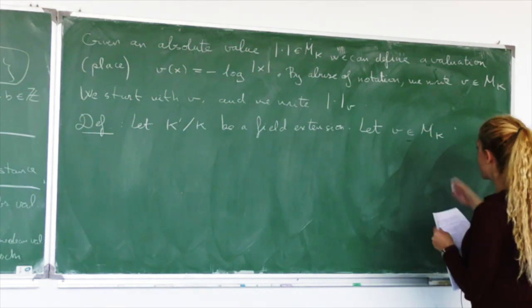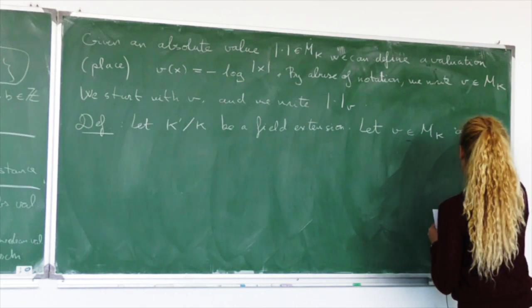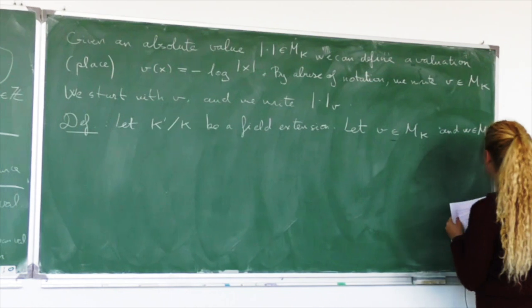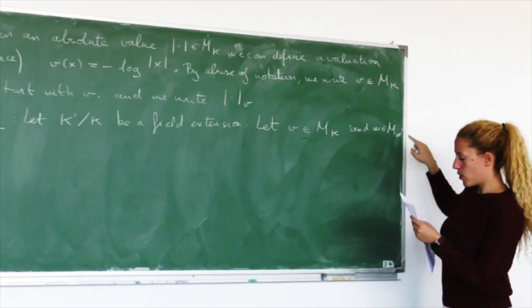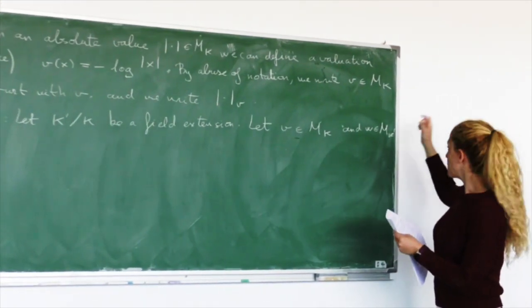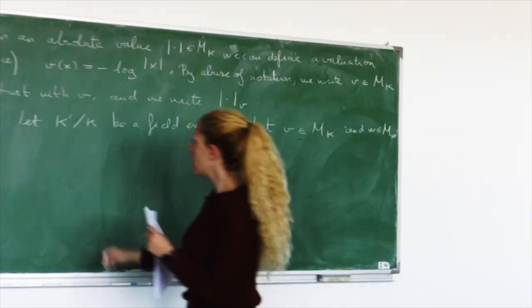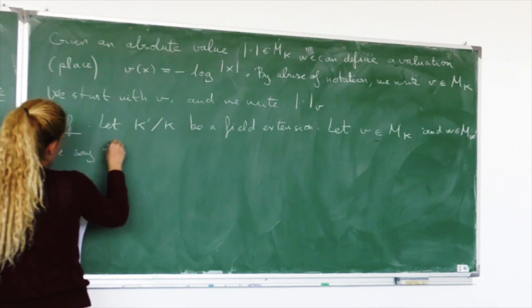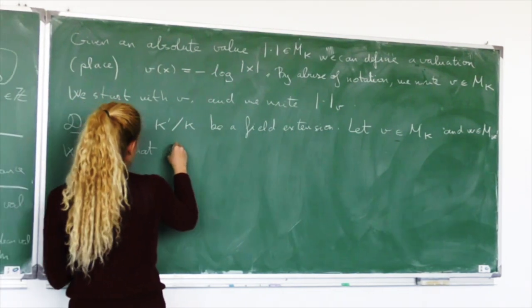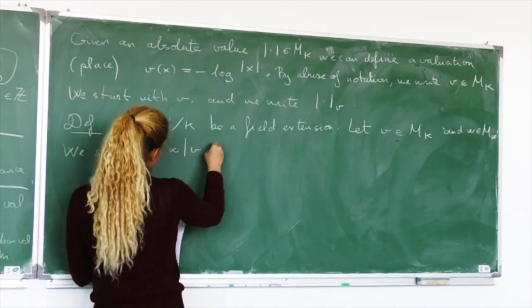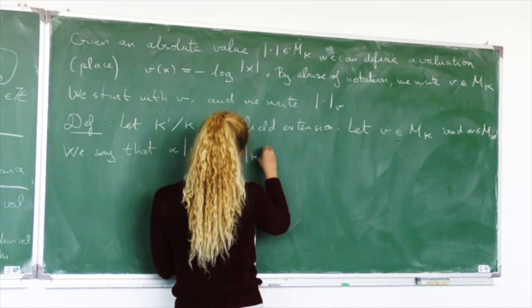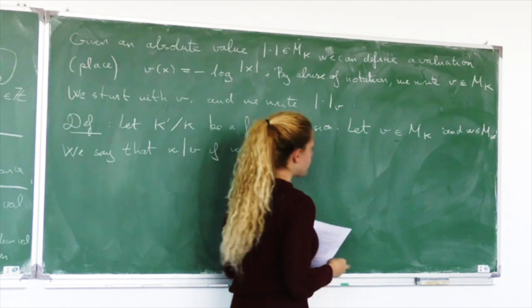So I take a valuation for K and I take a valuation for the field extension K prime. Now we say that W divides V if W restricted to the field K is equal to V.